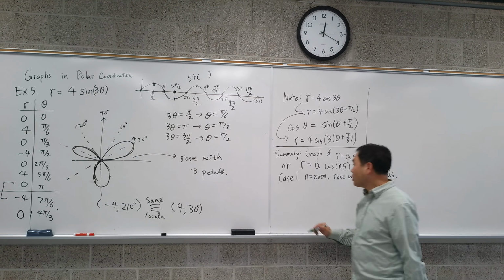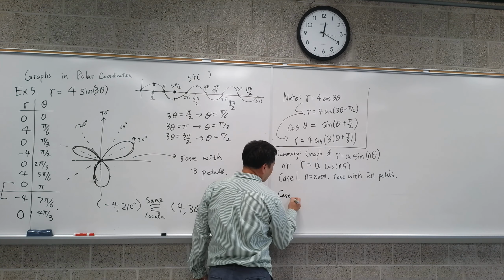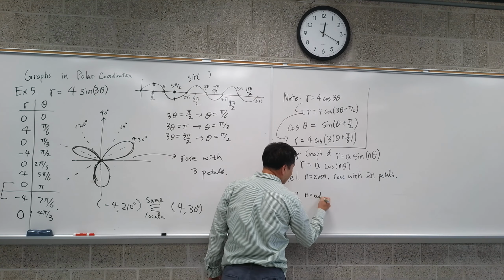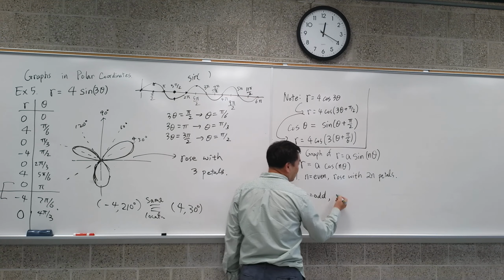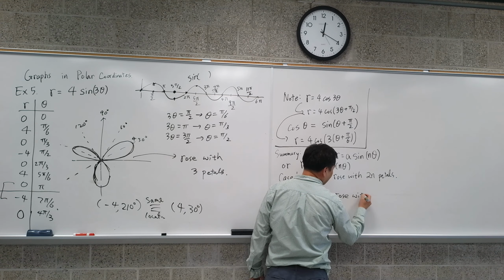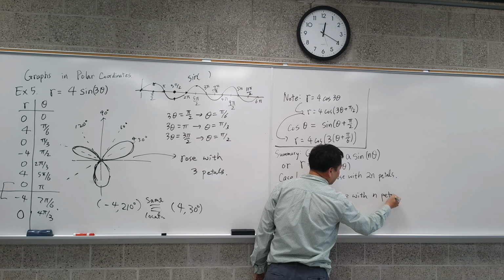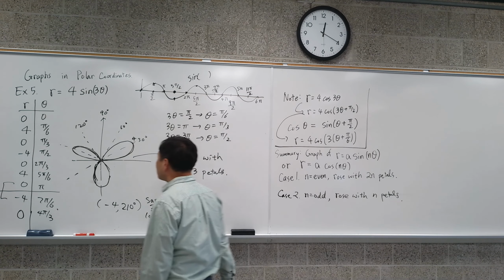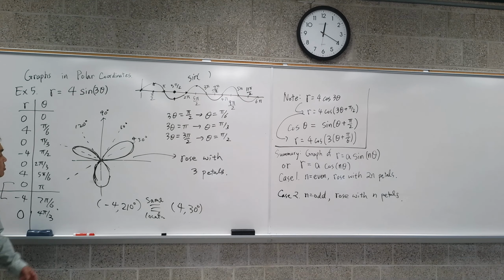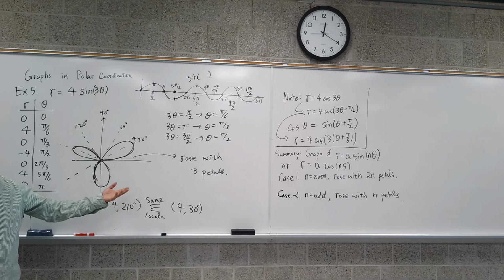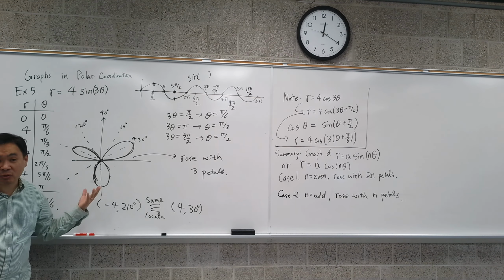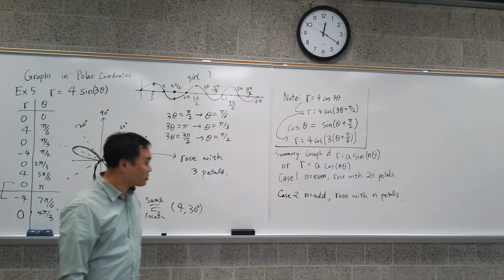Okay? However, case 2, when n is odd, then you get a rose with just n petals. That's because, as you can see here, when n is odd, when you draw it, it only takes theta from 0 through pi to sweep the entire graph, and pi through 2 pi, you end up covering the same graph, drawing the same graph one more time.